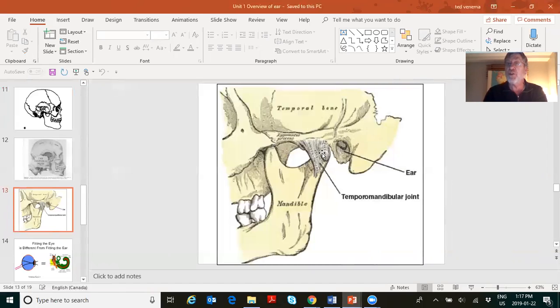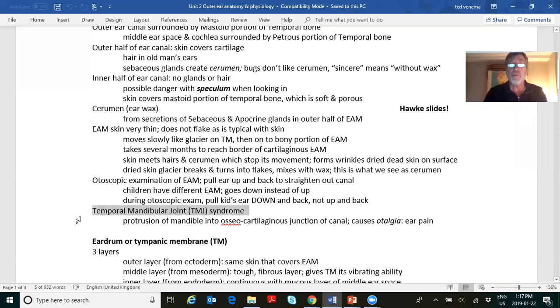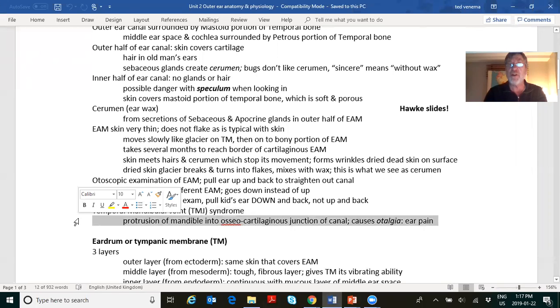This can get arthritis and can cause a lot of pain. It may be felt in the ear, and a person may be coming to see you about it when actually he or she should see a dentist. But just so you know, it's called TMJ, temporomandibular joint syndrome. A protrusion of the mandible into the osseo-cartilaginous junction of the canal. Osseo, bone; cartilaginous junction of the canal.